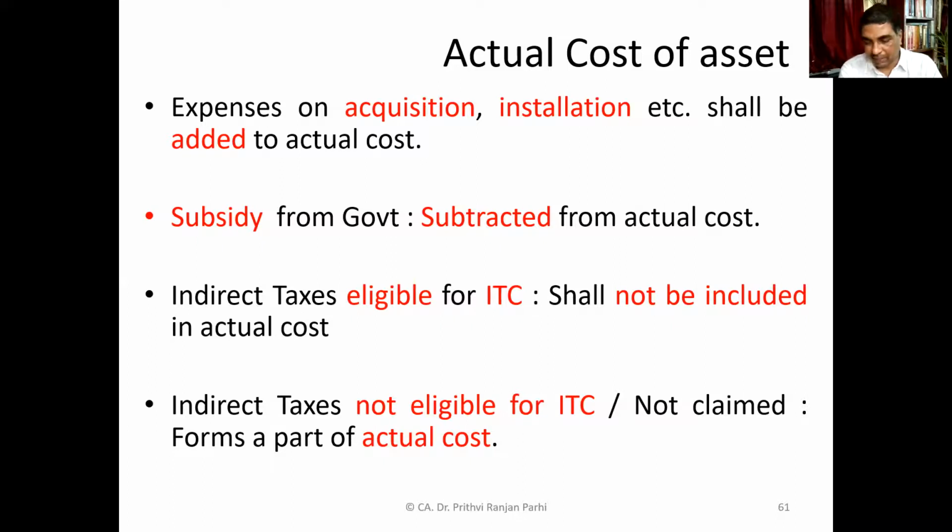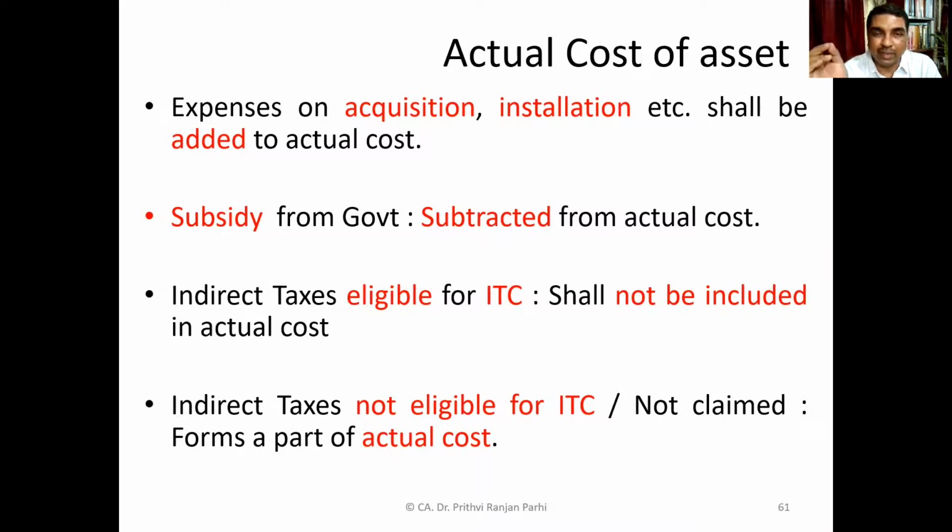Indirect taxes which are eligible for ITC, that is input tax credit. Suppose you have purchased an asset and you have paid GST on that, and you are eligible to take input tax credit on that GST. Right? So that shall not be included in actual cost. Suppose cost of asset is 1 lakh, GST is 18,000 rupees, total asset cost becomes 1,18,000.